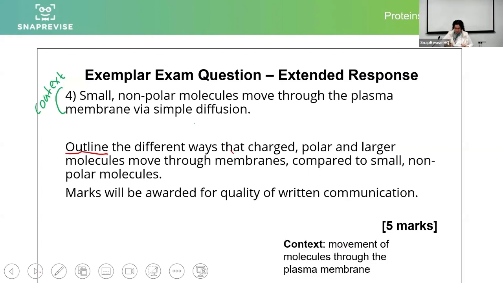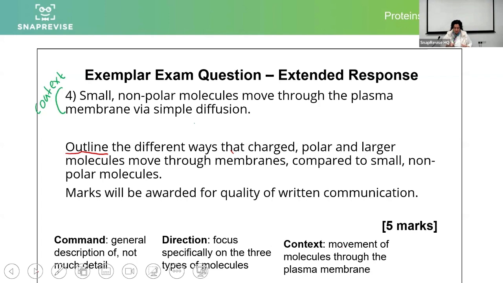So my context is the movement of molecules through the membrane. My command is to describe; basically outline means describe. The only challenging thing I would say is that sometimes the word outline might actually mean describe, but always refer back to the exam technique session that we did in the beginning.